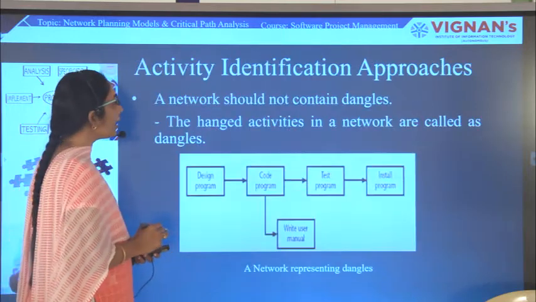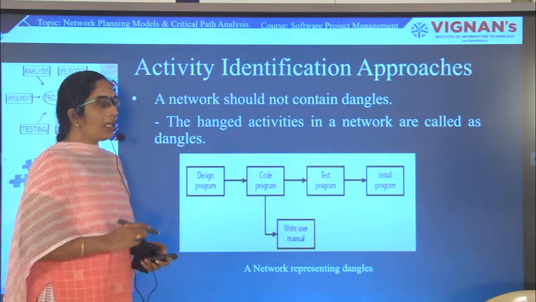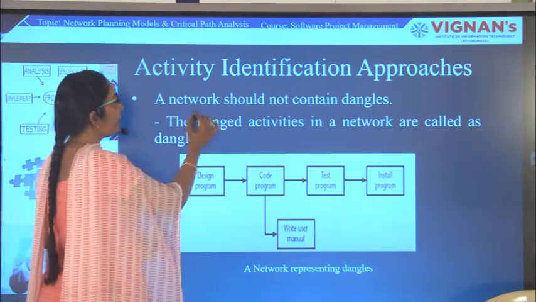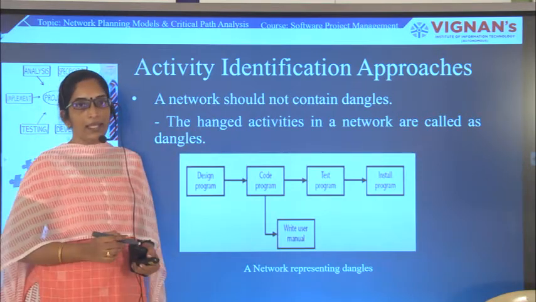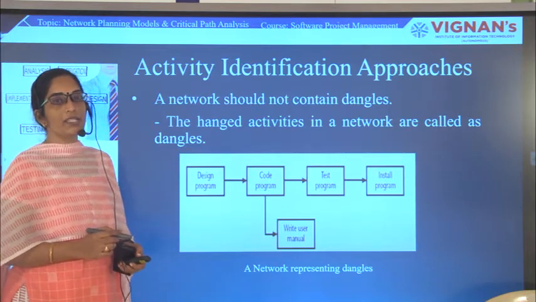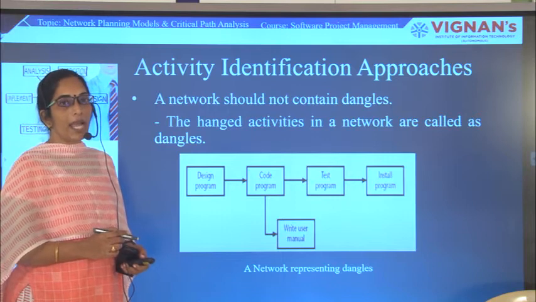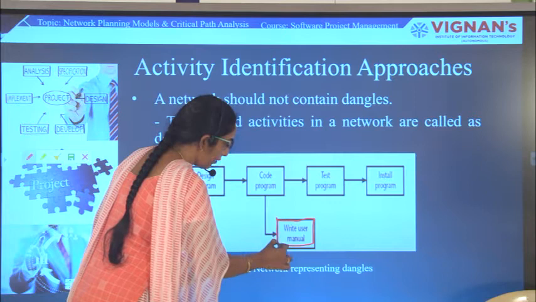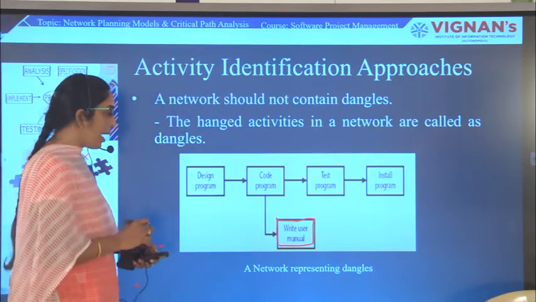The next important rule is that a network should not contain dangles. A dangle is an activity hanging in a network. Here, the write user manual activity is a dangled activity.